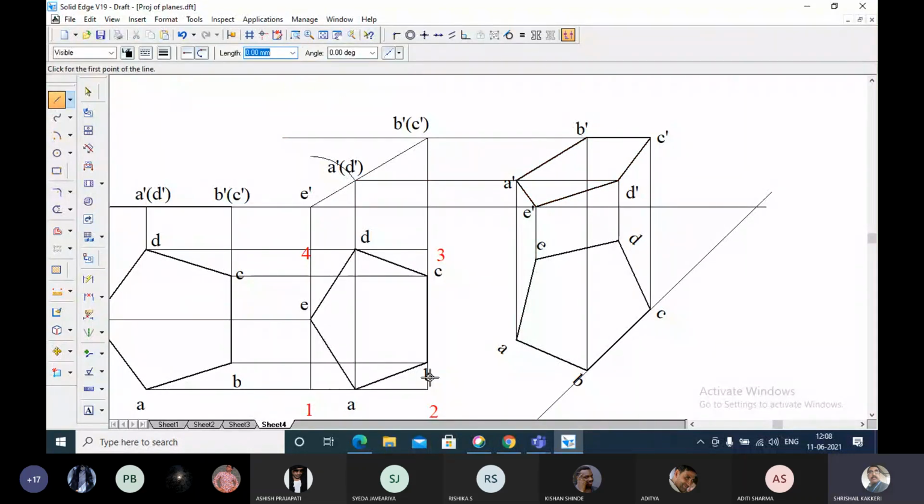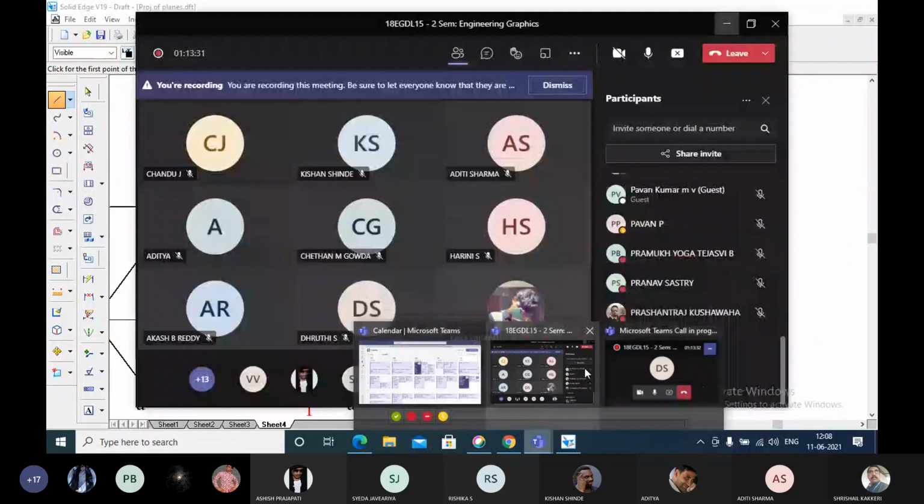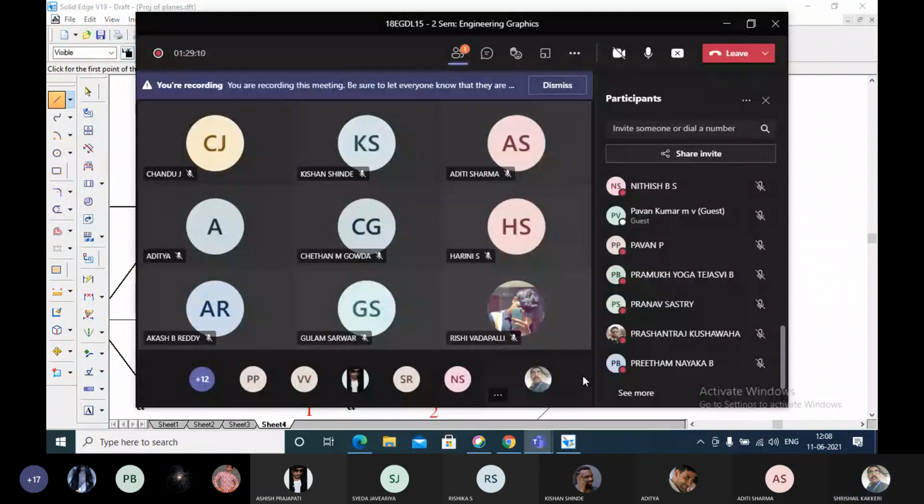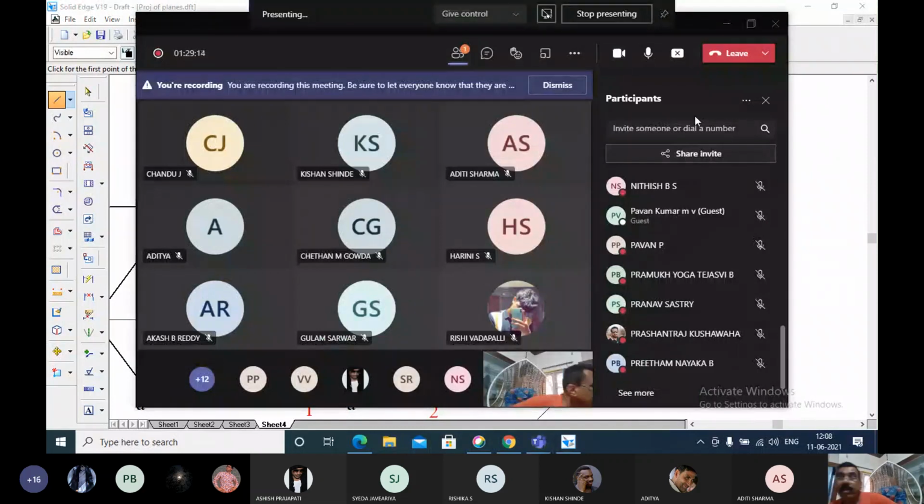Correct? No? Now you can look here. A pentagon lamina of side stone is resting on one of its corners such that this edge is 20 mm above and this particular edge is inclined at an angle of 30 degree to the vertical plane. So the figure which I have drawn and this figure are quite similar.